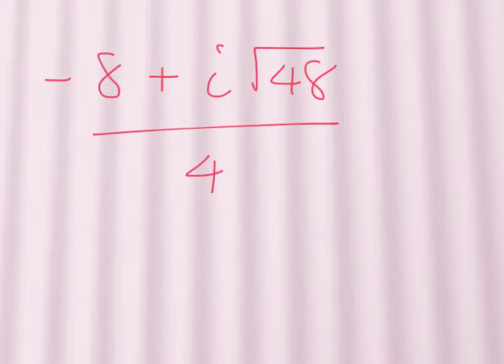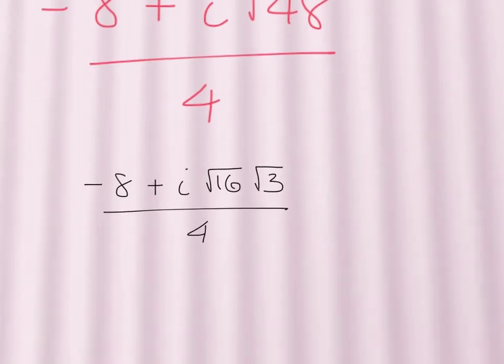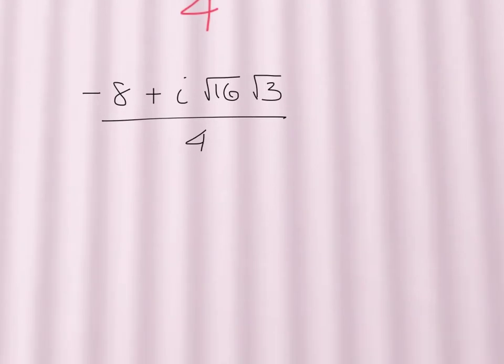Okay, can you take the square root of those numbers? Okay, good. It's 16 and 3. So that's going to be negative 8 plus i square root of 16 square root of 3 over 4. And the square root of 16 is? 4. So this becomes negative 8 plus 4i root 3 over 4.